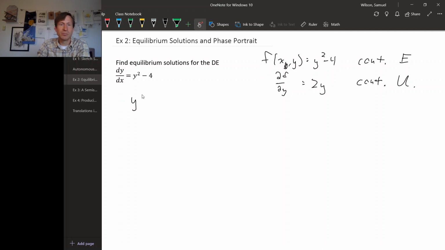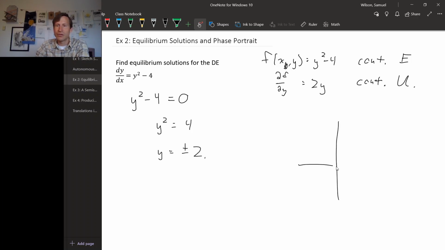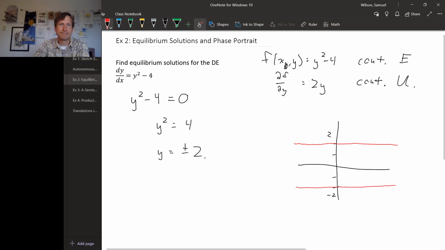To find the equilibrium solutions, we just set this equal to 0 and then solve. So y squared is 4, and that means y is plus or minus 2. So if we wanted to graph these, we know at y equals 2 and y equals minus 2, we have solutions that just stay the same all the time. All right.